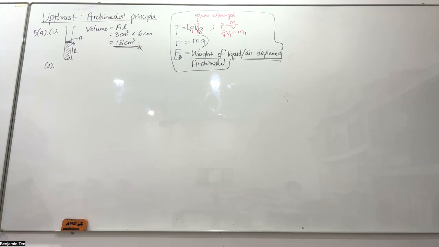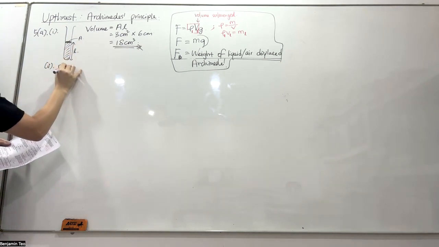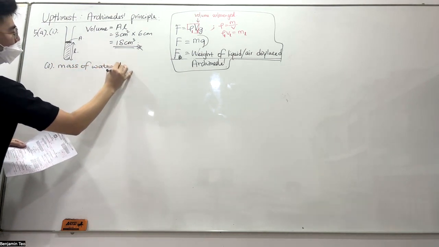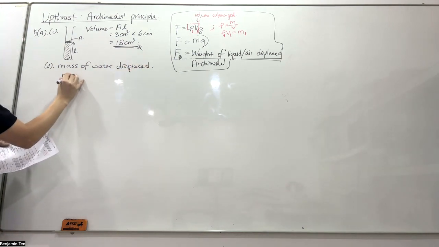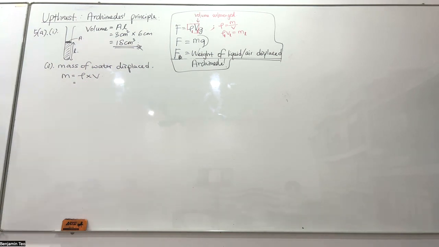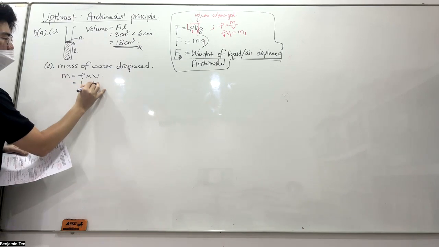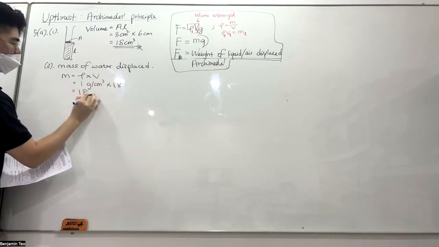A2, weight of water displaced. Now you have the volume of water displaced, get mass first. Mass equals density times volume. Density of water, 1 gram per cm cubed times 18, gives 18 gram.